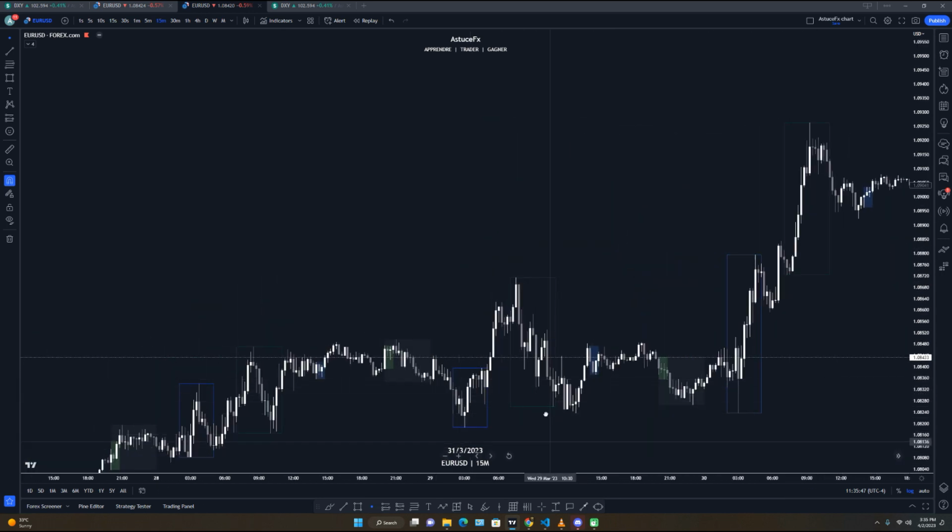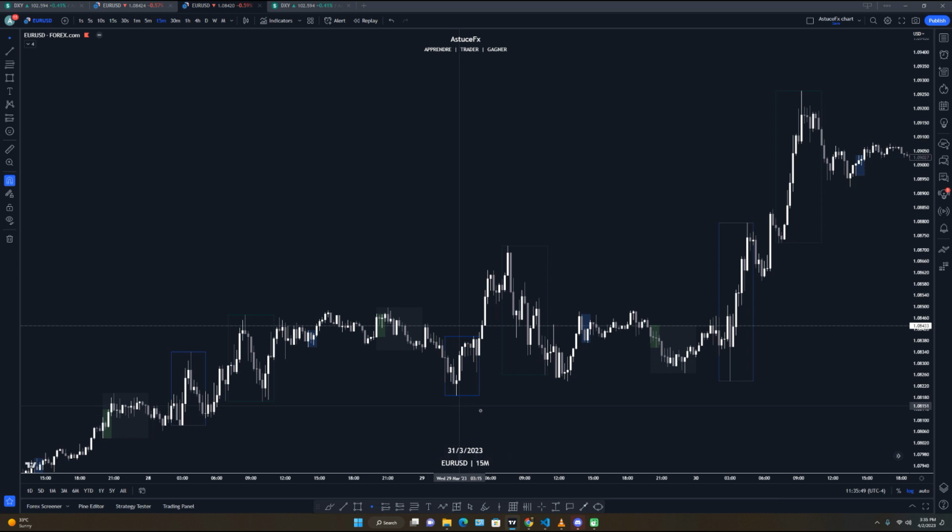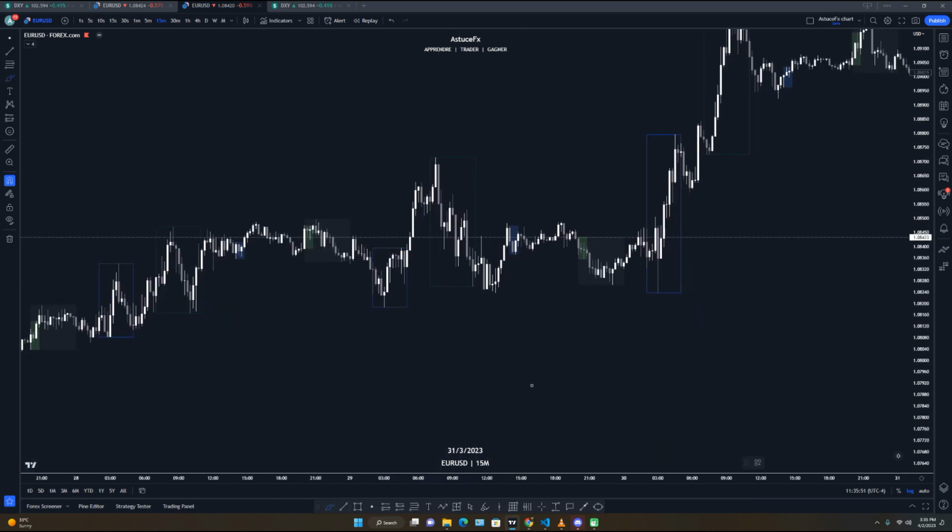But if I look well, for ICT, they use time and price, meaning that at a particular time, they want to see price at a particular level. If they want to buy from, let's say, a zone here, they want to see price at the zone at a particular time. Most of the time, they use what they call kill zones, and that's exactly what I have here.